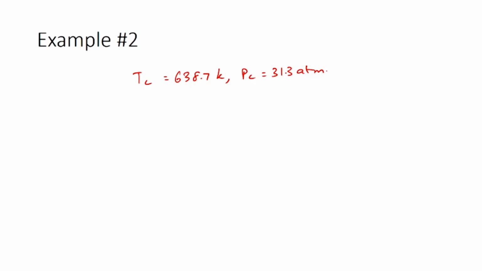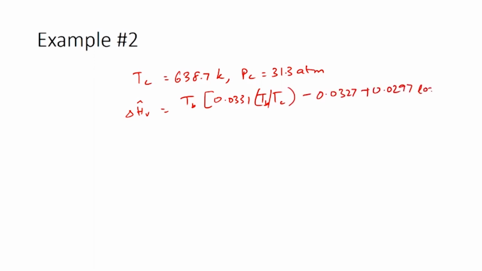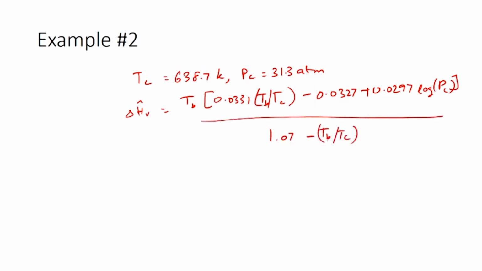We would have to use these values in Chen's equation, which is delta H cap V equals temperature of boiling point times 0.0331 times boiling point divided by critical temperature minus 0.0327 plus 0.0297 log of critical pressure, divided by 1.07 minus temperature of boiling point divided by critical temperature.